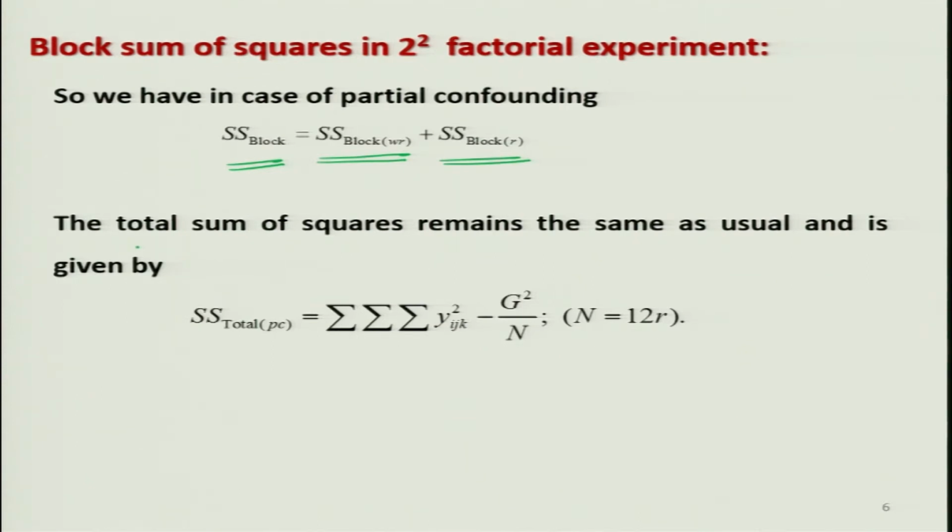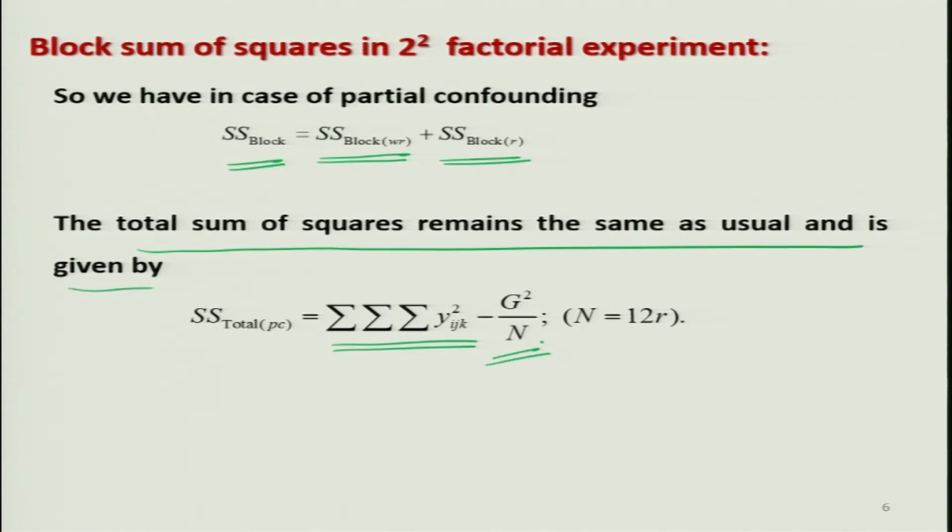The total sum of squares remains the same as usual and is given by a similar quantity as we had earlier: the triple summation y_ijk square over i, j and k, minus the correction factor G square upon n, where n here is 12r. So, now we have obtained all the treatment sum of squares, the sum of squares due to blocks, and the sum of squares due to total. Now, SSE you can find by subtraction.